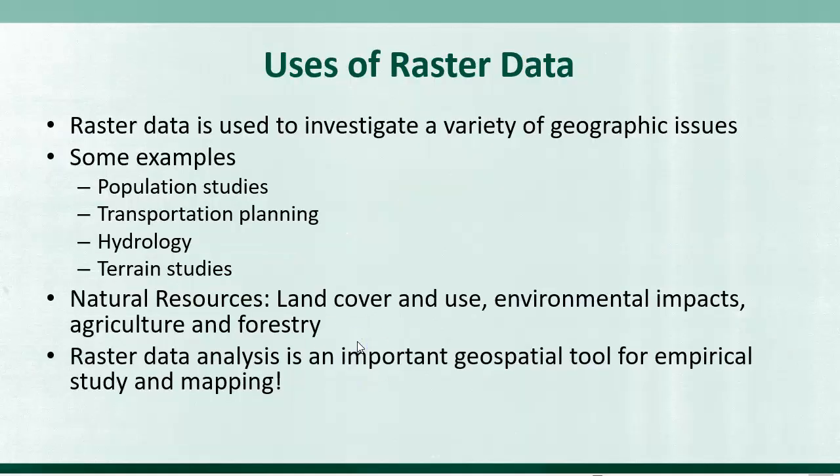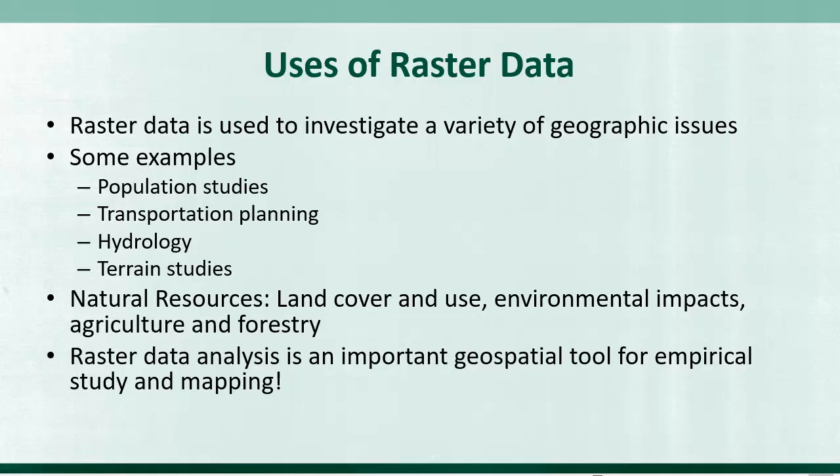So raster data is used for all sorts of different things in geography. A couple of examples include estimating populations in an area. And those could be populations of humans or of animals or whales, based on the types of things that can be seen in a pixel and how fine those pixels are.